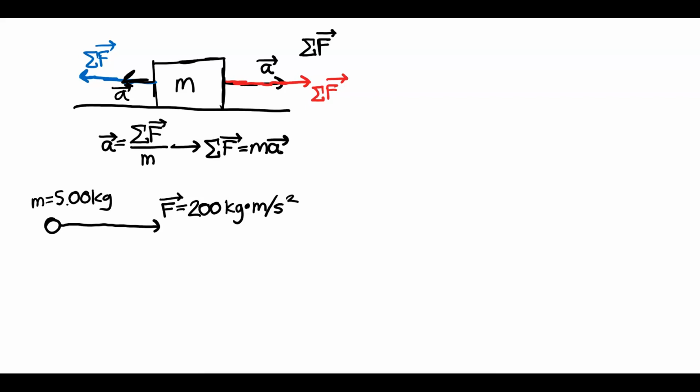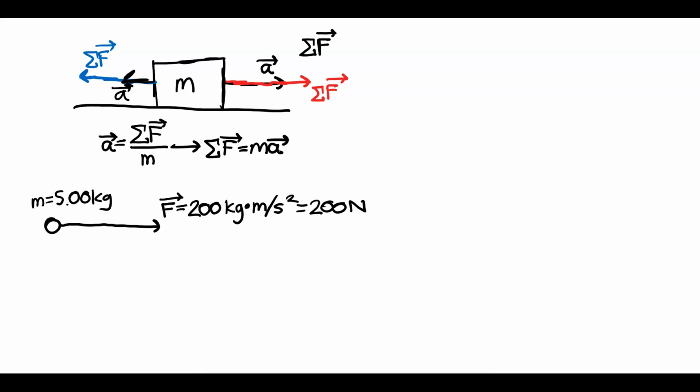And the unit kilogram meters per second squared is used so much that it has a special unit, the Newton, again named after Isaac Newton. 200 newtons. So a Newton is a kilogram meter per second squared. So we measure forces in newtons. That's the SI unit.